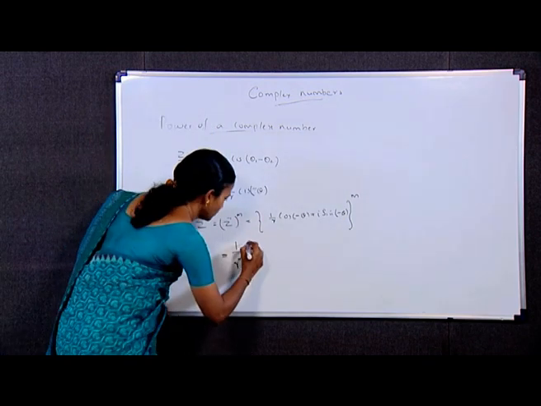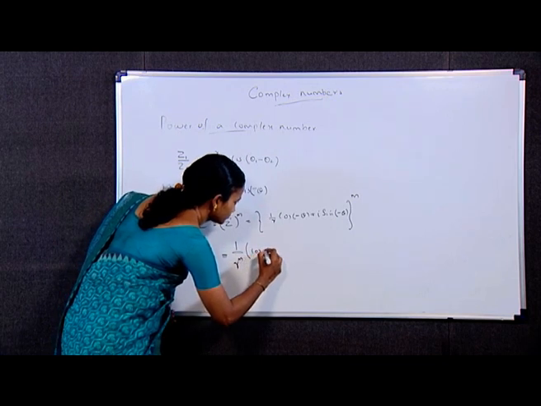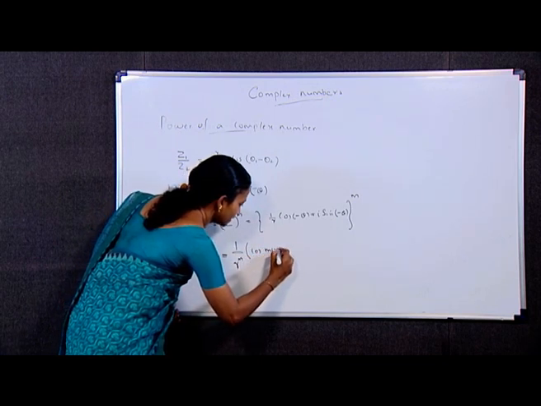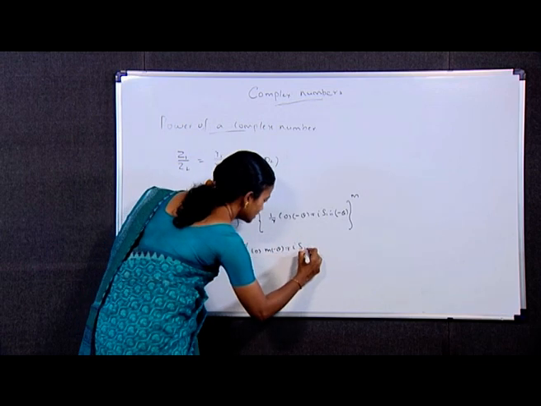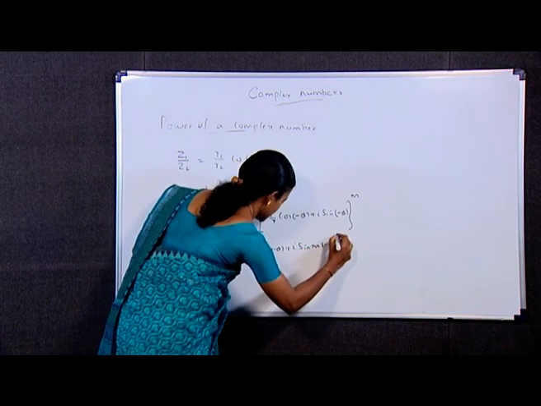That is, cos m(minus theta) plus i sin m(minus theta).